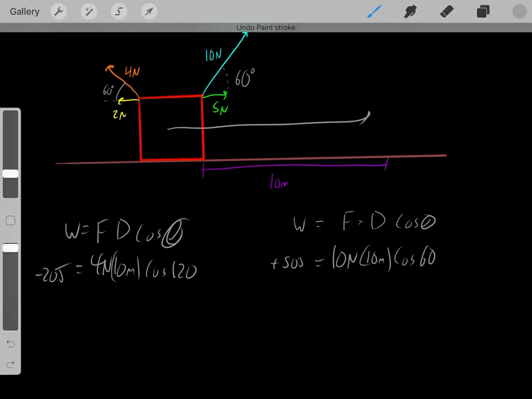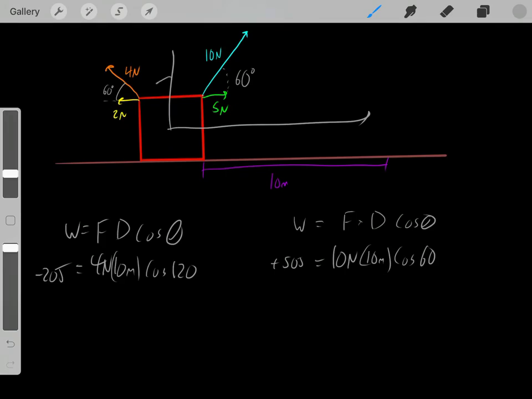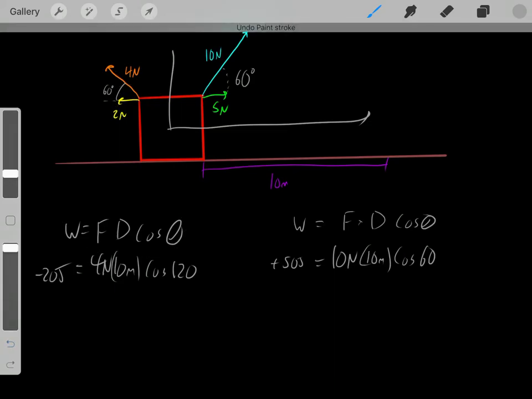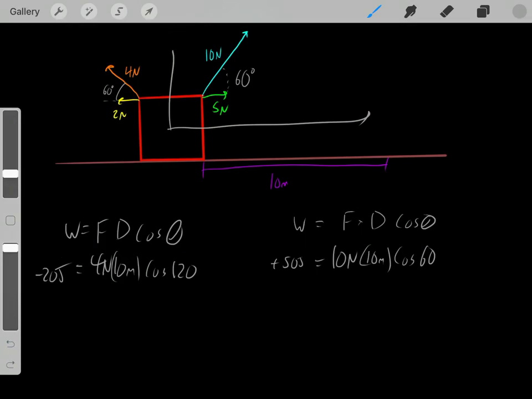And whenever you have a theta that's greater than 90 degrees, you know the force is in the opposite direction of motion. Because this theta was greater than 90 degrees, it gave you negative work. No pun intended, but this makes it simple, and this does the work for you, and you can just plug in. So this equation looks intimidating, but it's actually a little easier.